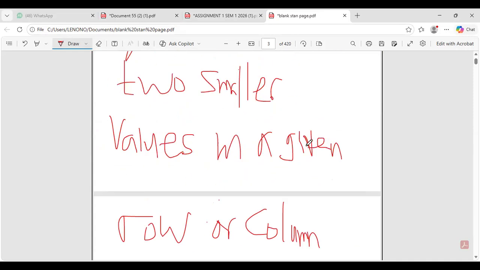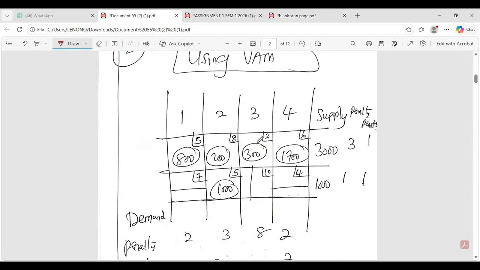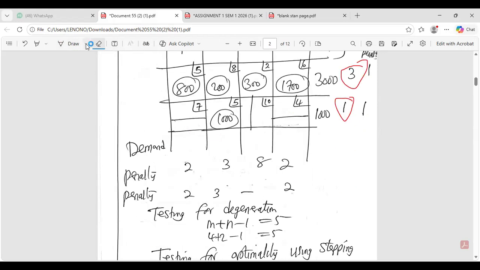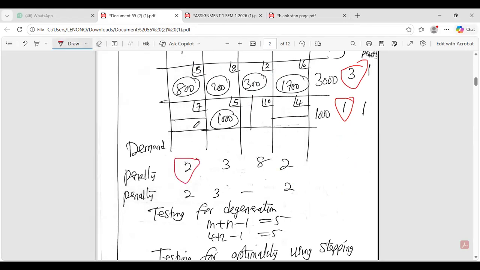All right, so this is what goes on. So here the first penalty was 5 minus 2, which is a 3. And the penalty here was 5 minus 4, which was a 1. All right. And then in this other one here, the penalty was 7 minus 5, which is 2.